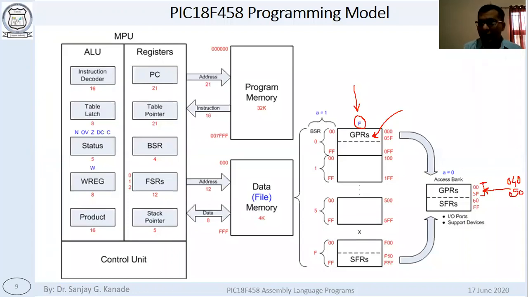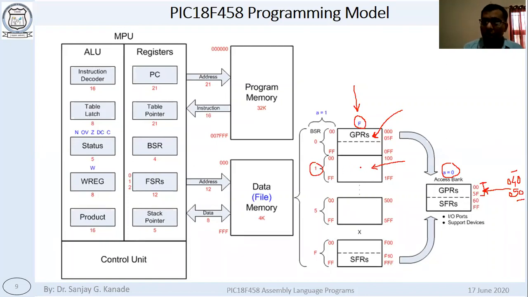In this first section both registers 40 and 50 are given, so I can access them using A equal to 0, meaning the access bank. Whereas the second register, 140, is somewhere here in bank 1.